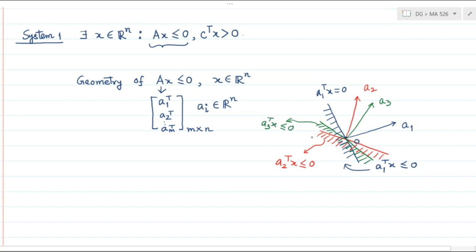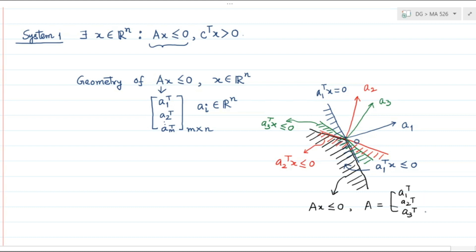Cumulatively, if we consider these three inequalities, A1 transpose x, A2 transpose x and A3 transpose x less than or equal to 0, then this region, with this as the boundary, gives us Ax less than or equal to 0. This black shaded region gives us Ax less than or equal to 0, where A is the three vectors that I have considered: A1 transpose, A2 transpose, and A3 transpose.